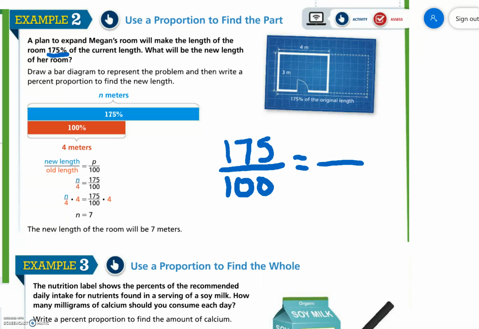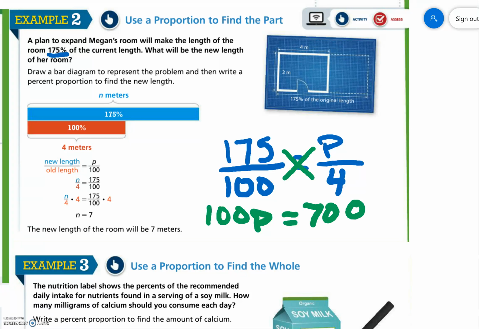So we know the length right now is already 4. That's our 100% right now. We want to find out what it's going to be when it's 175%. So we cross multiply. We get 100p is equal to 175 times 4, which is 700.